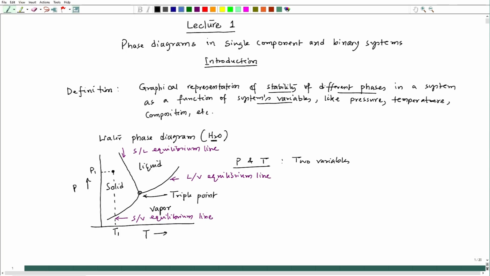At that P1 as well as T1, we would get solid as a stable phase. We cannot experience liquid or vapor as a stable phase, but that does not mean that the existence of liquid as well as vapor is not there. That could be there, but those could be in terms of metastability.